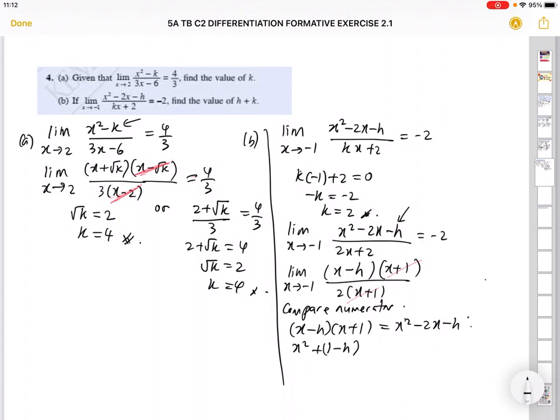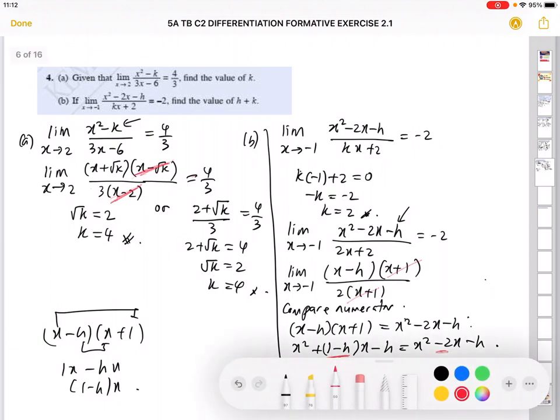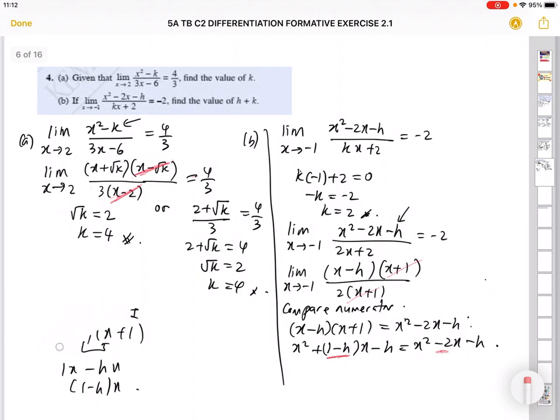If you find it difficult to do mentally, I actually do quite fast here. This is actually 1x minus hx, I just factorize the 1 minus h, and I will compare this with this. So by comparing the coefficient of x, I will be able to get the value of h. See, 1 minus h is -2, h is just 3. Since the question asks for h plus k, h plus k is 3 plus 2, answer is 5.